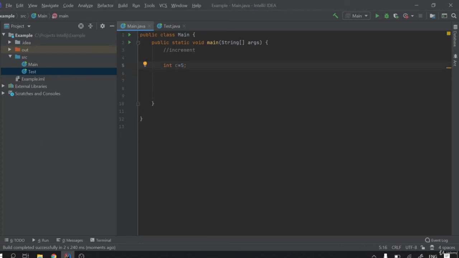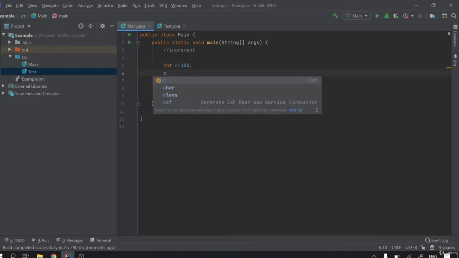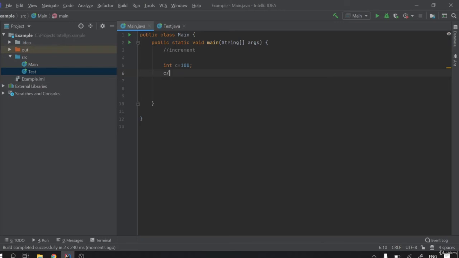Let's change this. I'm going to write here 100. Let's write c, and you can see I cannot write like here. Let's see what we can write. I'm going to write, for example, c is 100, and write this, this, and this.